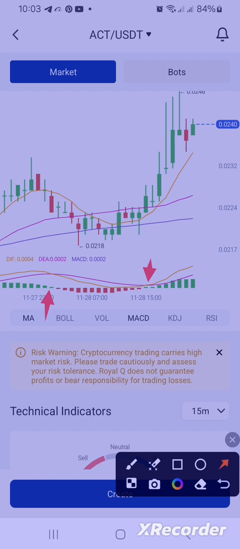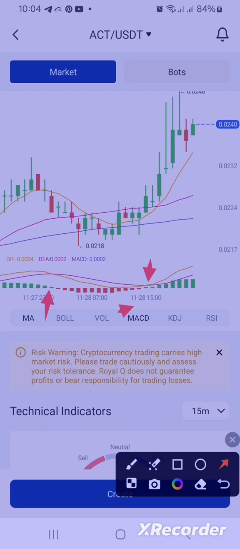So when this golden line passes through the pink line from above going down, it is called a death cross. But when it is crossing from down upwards, it crosses the pink line from down and goes above, that means it is a golden cross.